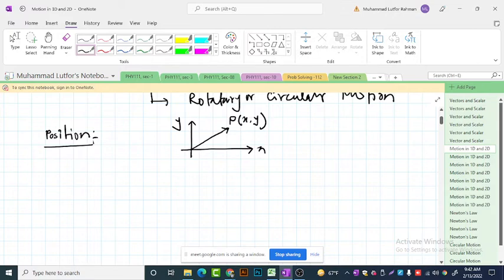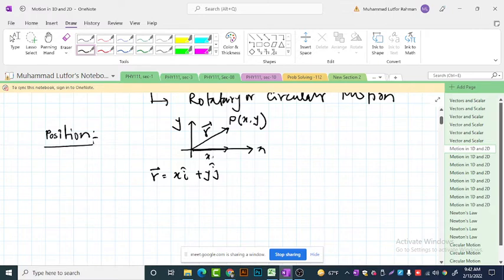right, which I can express by a vector. That vector we generally express as the position vector r, and now I can write this position vector as r = x î + y ĵ, right, because r is basically, again I am saying, the vector triangle law.